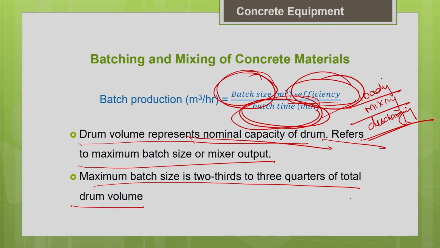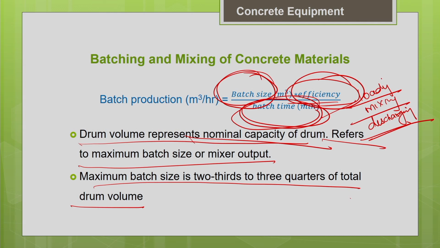It also depends, after the concrete is made, there should be a RMC transit mixer which should come readily and collect the concrete which is going to be discharged. Availability of a RMC transit mixer also affects your efficiency. All these factors are taken into account when you estimate the efficiency of the batch production. Normally it will vary from 60 to 80%, depending upon your batching plant or depending upon your equipment condition or the operation method.